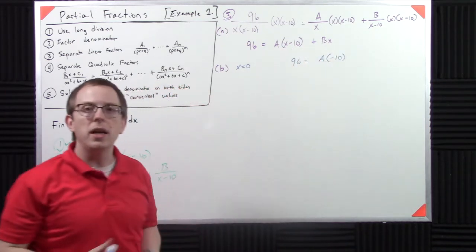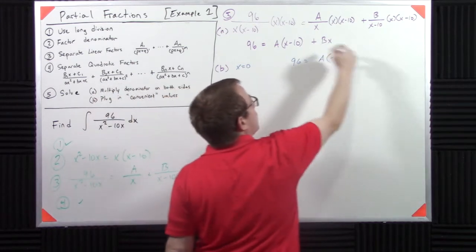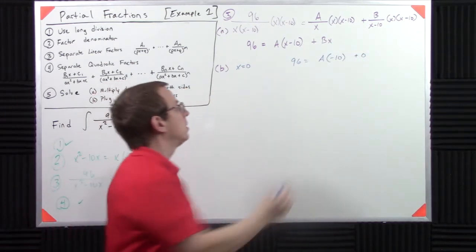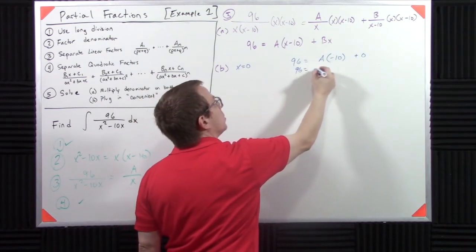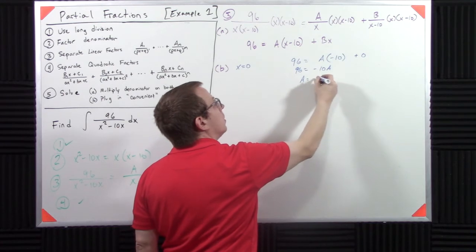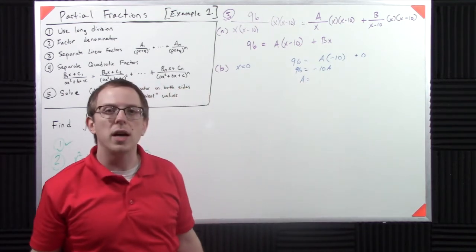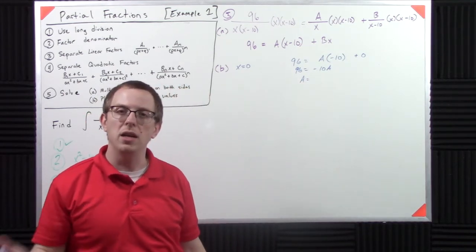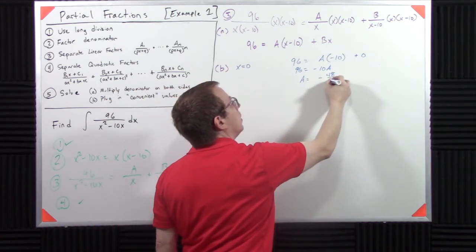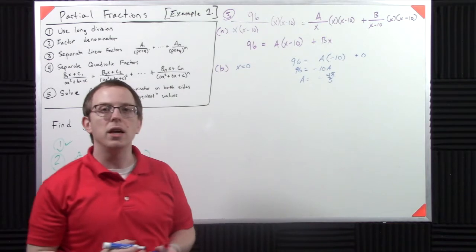This becomes a negative 10, and this becomes 0. So what I end up with is that 96 equals negative 10A. So if I divide both sides by 2, I get 48 and negative 5. So I get negative 48 over 5. A is negative 48 over 5.